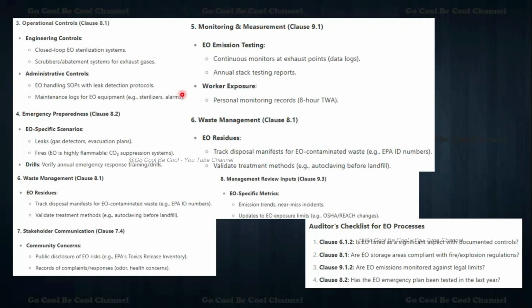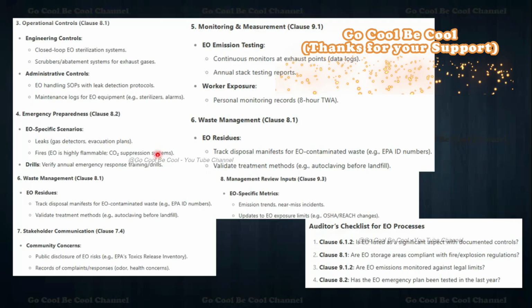Emergency preparedness, clause number 8.2, EO specific scenarios. So what are the things? Leak, fire, drills. Waste management is EO residues. Stakeholder communications is 7.4. So these are all important. See, we have mentioned clause numbers everywhere: 7.1, 7.4, 8.1, 9.1.3. These are all very attractive to the trainer, because you understood ISO 14001 very nicely.